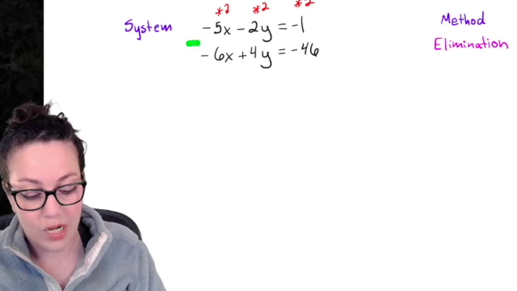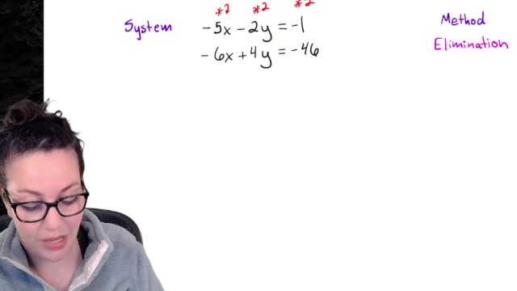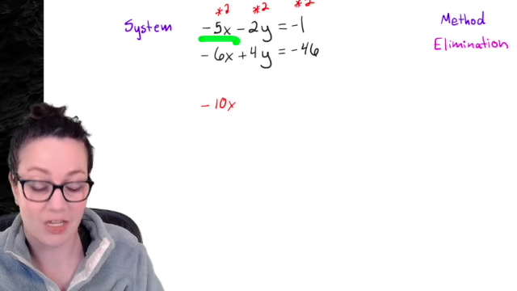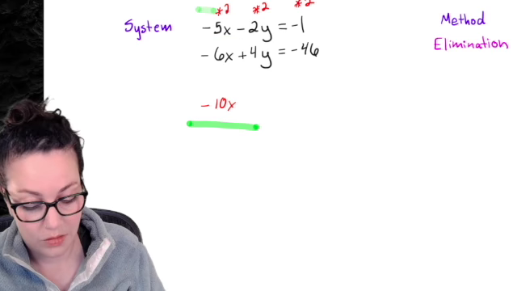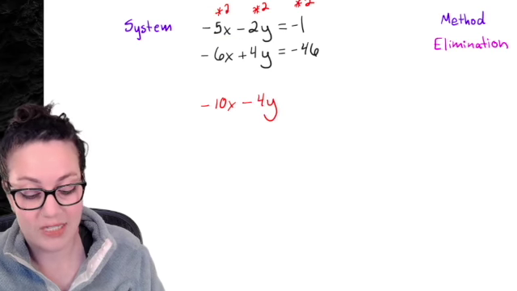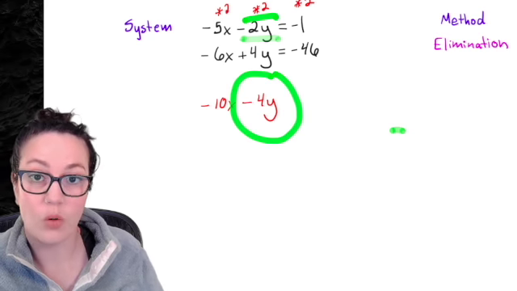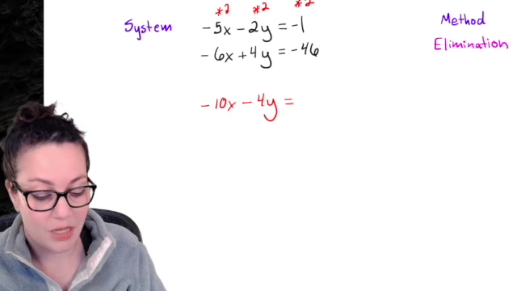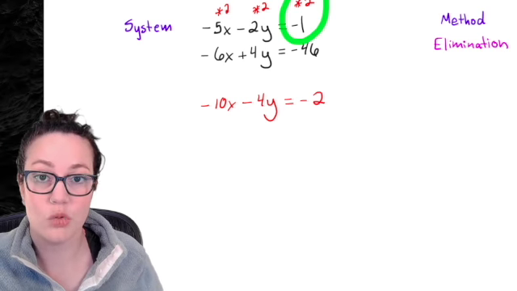So when I rewrite my first equation after multiplying every term by 2, I get -10x because -5x times 2 is -10x. Then I'll have minus 4y because -2y times 2 is -4y. And that's all going to be equal to -2 because -1 times 2 is -2.